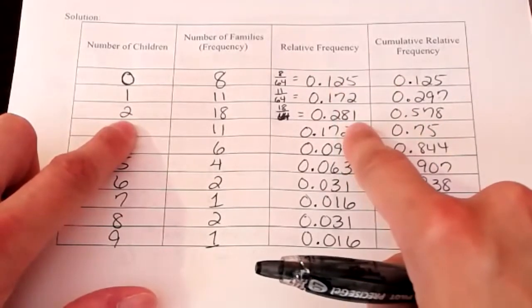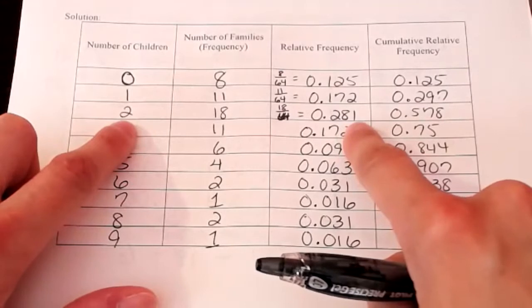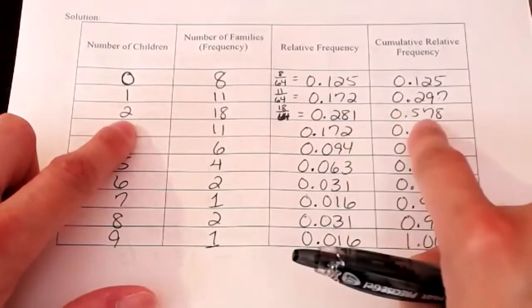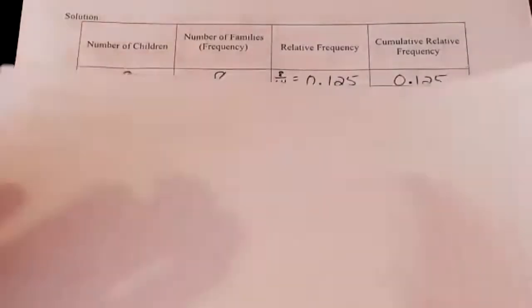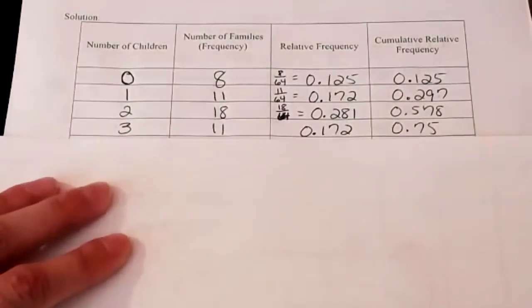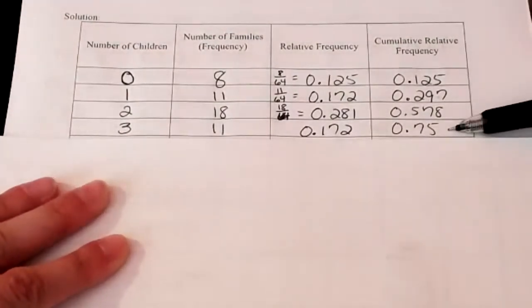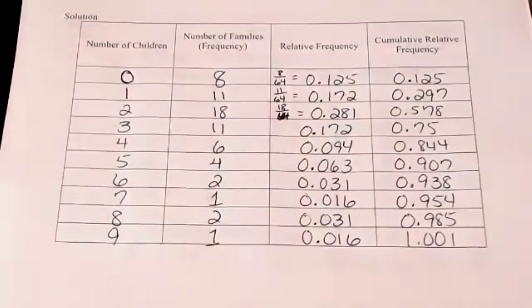So 0.125 plus 0.172 plus 0.281, that's going to give you 0.578. Does that make sense? If we want the next one, it's the same idea. To get this cumulative relative frequency, you add these 4. Got it. Thank you. You're very, very welcome.